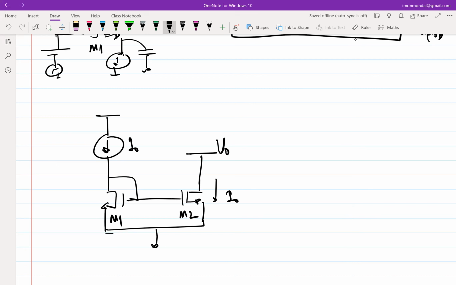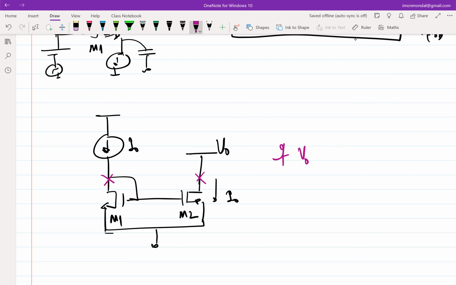So the current in the right branch will be exactly equal to I0 only when this voltage is equal to this voltage. So when V0 is equal to the VGS of M1, then your current will be exactly equal to I0.